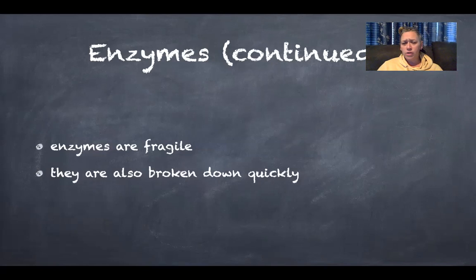But they're very fragile, and they're kind of like princessy. So they like everything in perfect order for them to work. They want the right environment, they want the right lighting, they want the right pH. They just want what they want, or they won't work, or they'll break down.